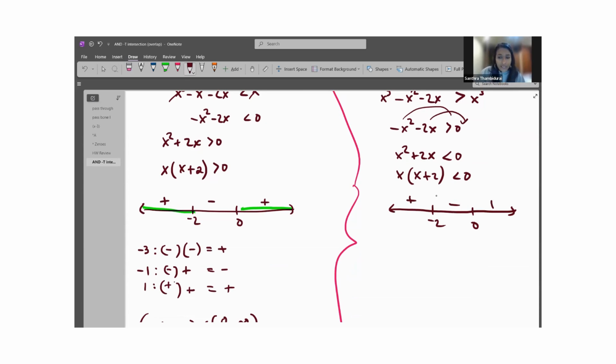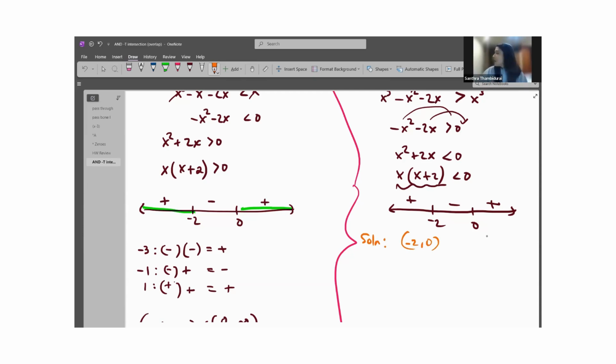The picture, everything is the same. Where is my function less than 0? That's here. So my solution for that is negative 2 to 0. This is my solution for that case.